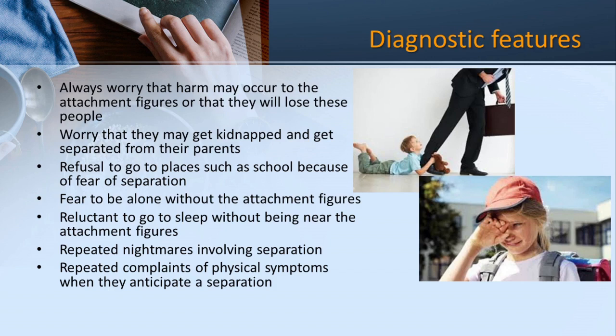Quite often, parents and adults are also responsible for developing these kinds of disorders in children, because during childhood, most parents tell their kids that somebody will come and kidnap them if they are not having food or if they are not obeying their parents. Like that, an anxiety develops in children that they might get kidnapped and separated from their parents.